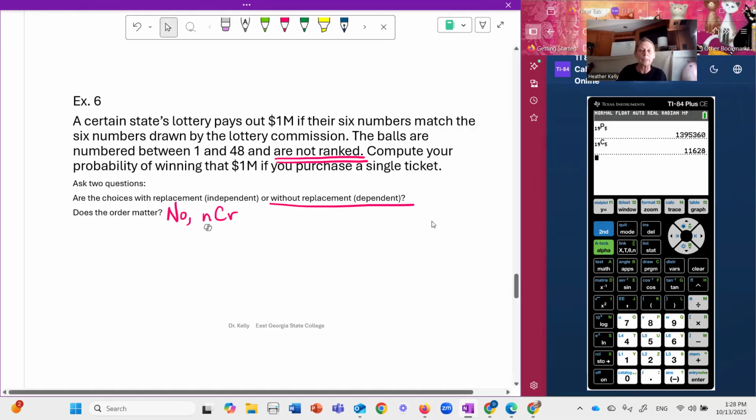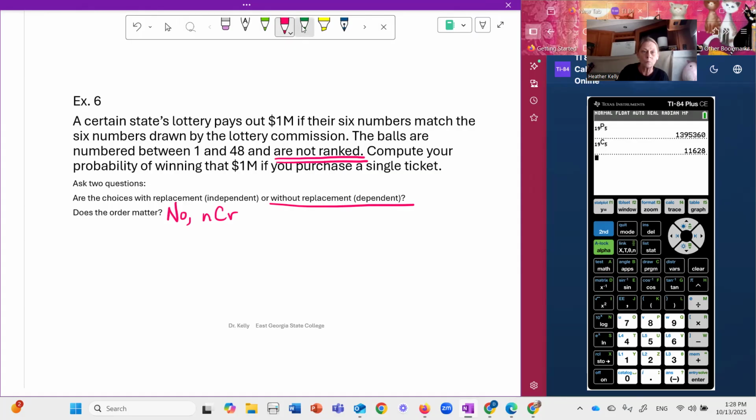Now, what do we need to know? We need to know the total, and we need to know the event. So let's look at the total. The total is 48 C, and how many are we choosing? 6. So 48 C 6.